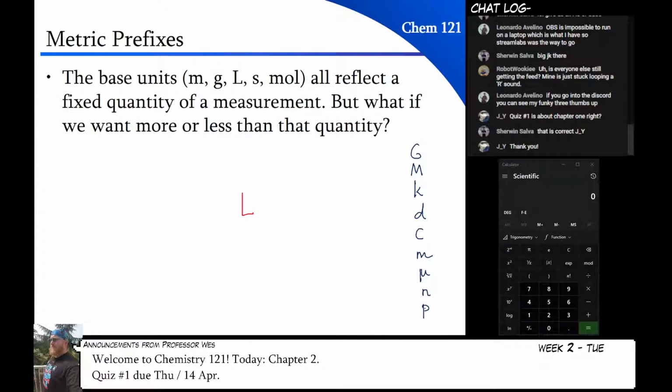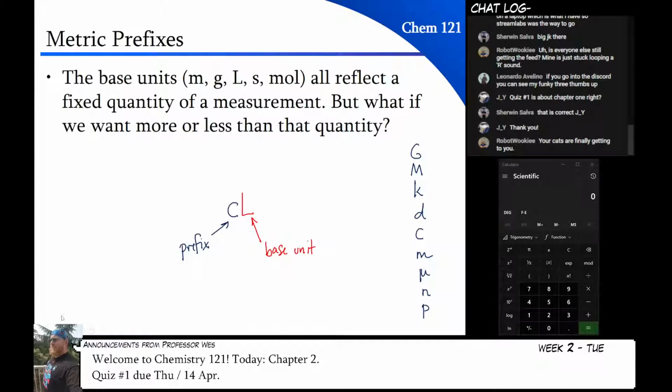I can put any of those prefixes in front of my base unit. So this is my prefix, and this is my base unit, and what the prefix does is it modifies this value to be what we want.